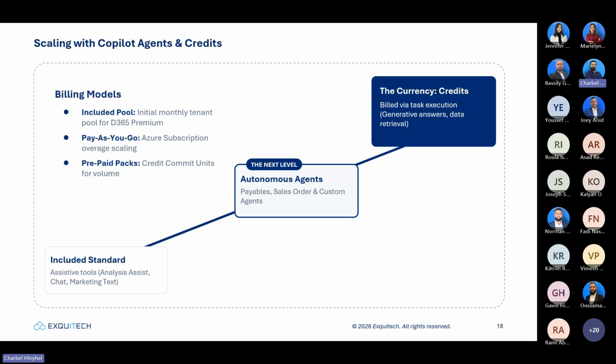Inside every month, you have an included pool. There is an initial monthly tenant pool for D365 users. It's not only for the Premium license, it's also for the Essential. You would have a pool of certain tokens that are available for you to use.